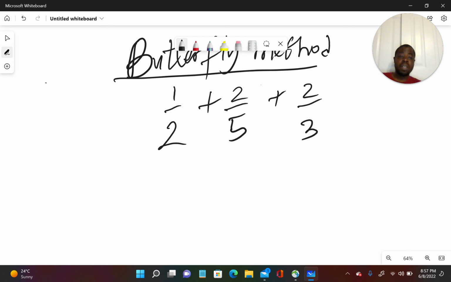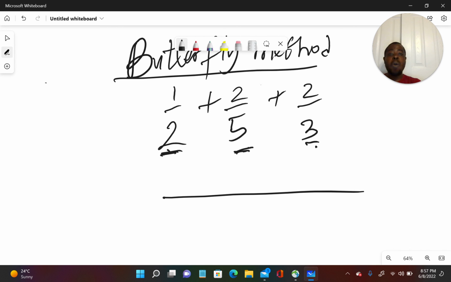Now, if you have three fractions this way, if you don't want to think about it, you can just multiply these three numbers together. 2 times 5 times 3. Yeah, just multiply the denominators together. The bottom one, 2 times 5 times 3, and that will give you 30.